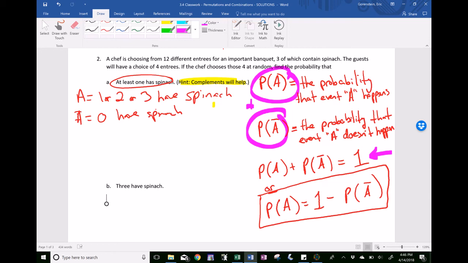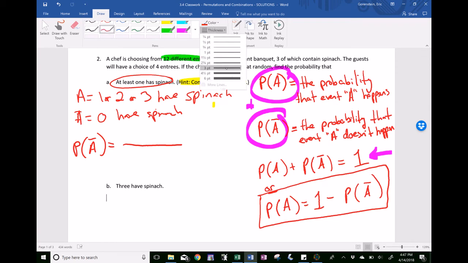Okay, so what is the probability that none have spinach? How many ways can we choose 4 entrees out of the 12 if none of them have spinach? Let's say over here, probability of not A. By definition, probability is the number of ways this could happen. We're choosing 4 entrees out of 12 total, minus the 3 with spinach, so there's 9 entrees with no spinach.